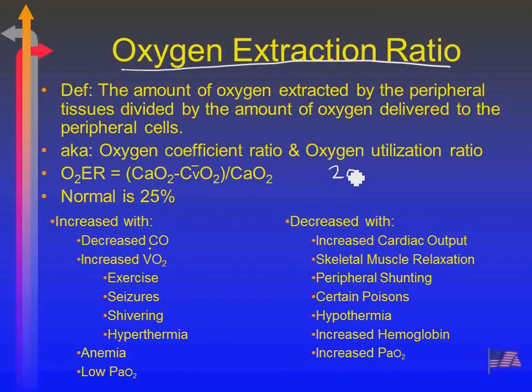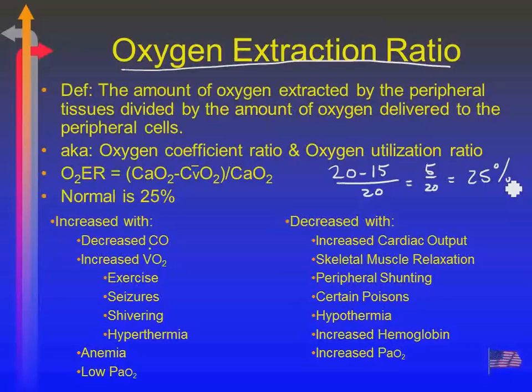This is 20 minus 15 divided by 20. 5 divided by 20, 25%. 25% of what I'm putting out is what I'm using. I'm only using 25% of what I'm delivering.